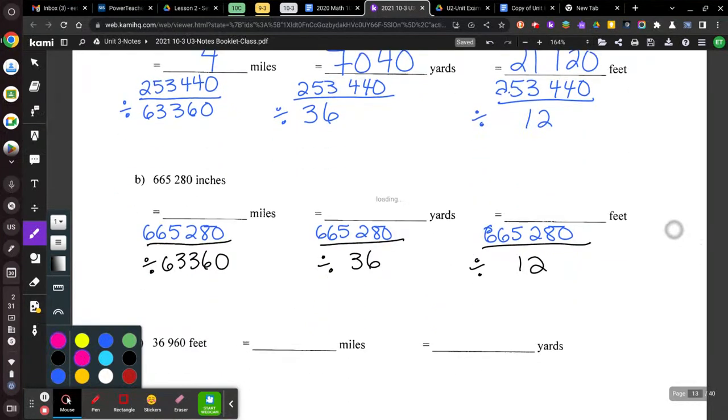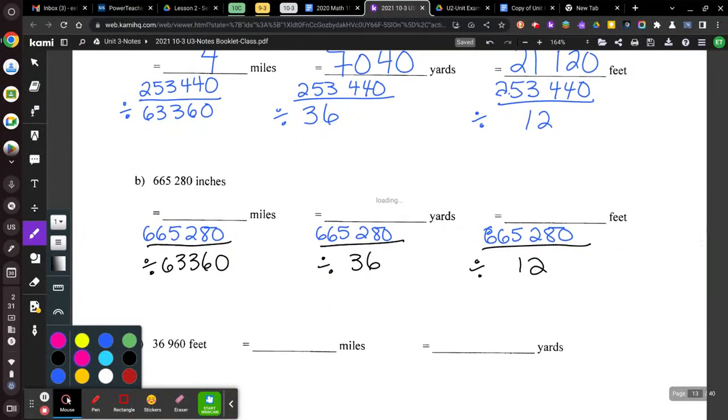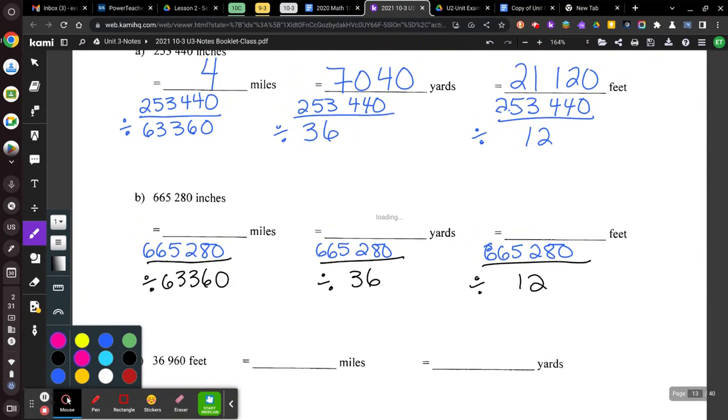So how many of those are we going to get? How many miles are we going to get on B? Let your fingers do the walking on your calculator. How many miles? It is 10.5. So we get 10.5 miles. Okay, divide the next one to find your yards.